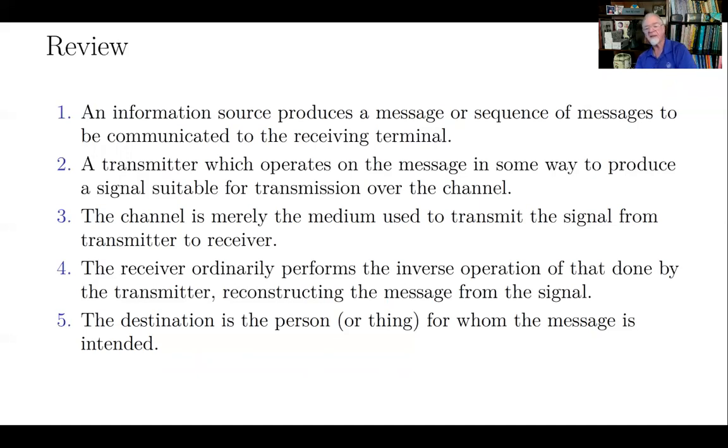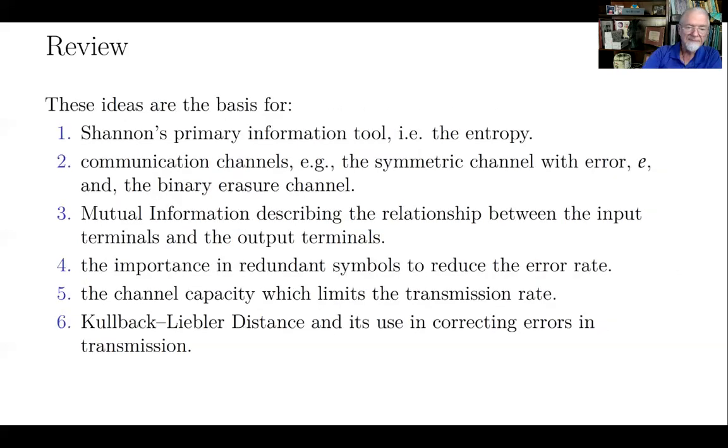And that is because we have to use causality. The receiver ordinarily performs the inverse operation of the transmitter, reconstructing the message from the signal. And the destination is the person or thing for whom the message is intended.